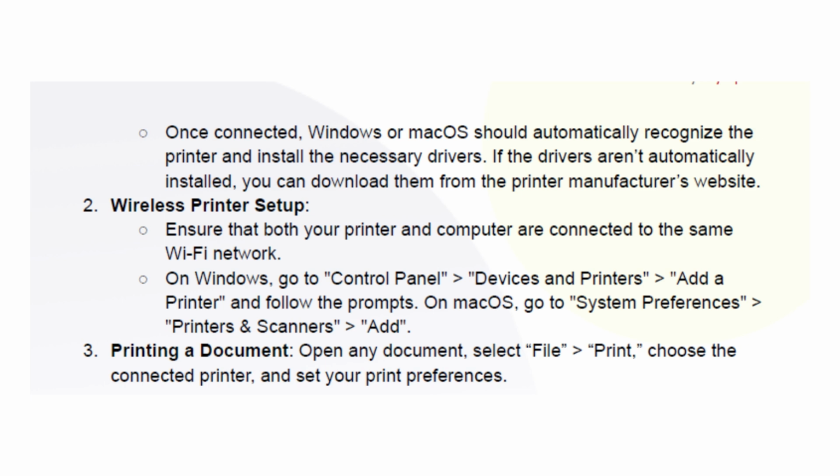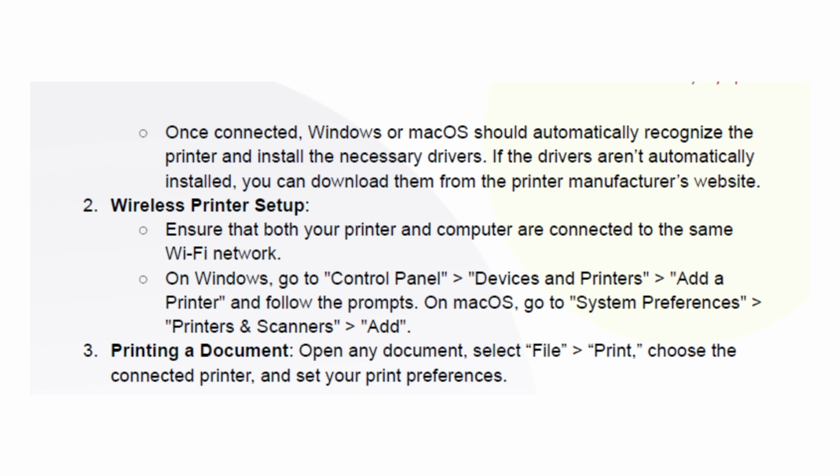So turn on your printer, search for the particular hotspot, connect to that hotspot, and then connect your computer also to the same hotspot. So your printer and your computer are connected to the same Wi-Fi.